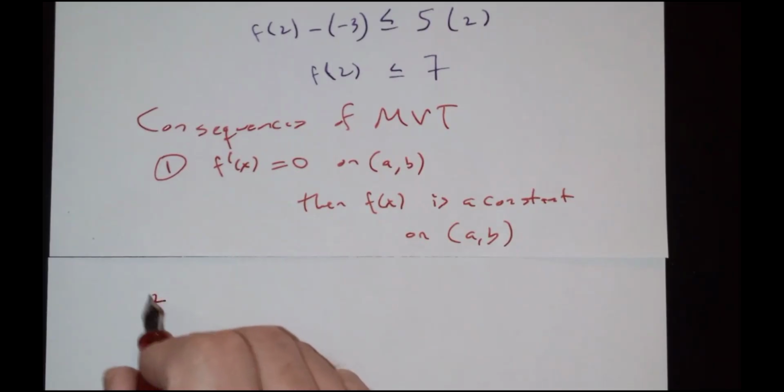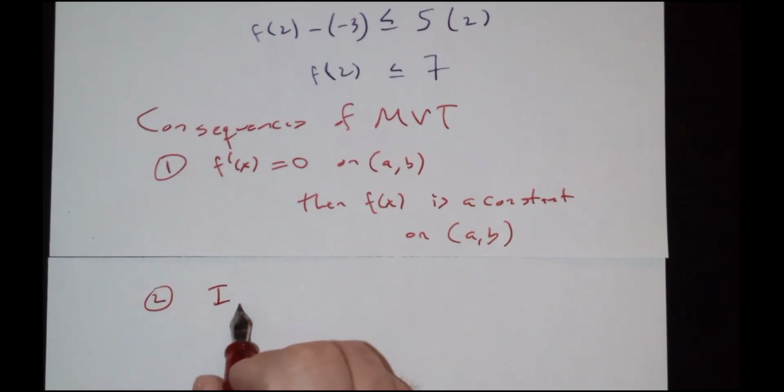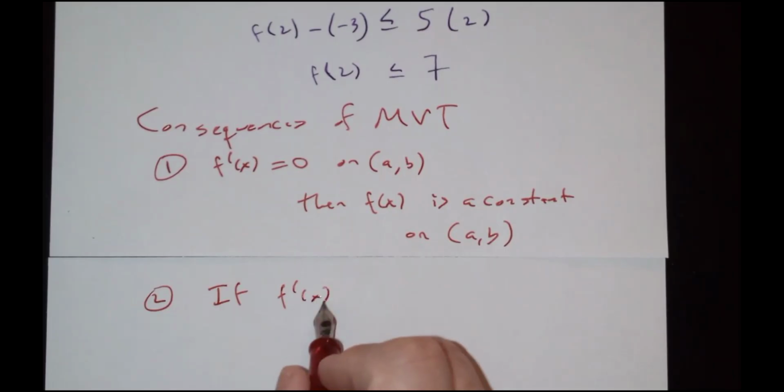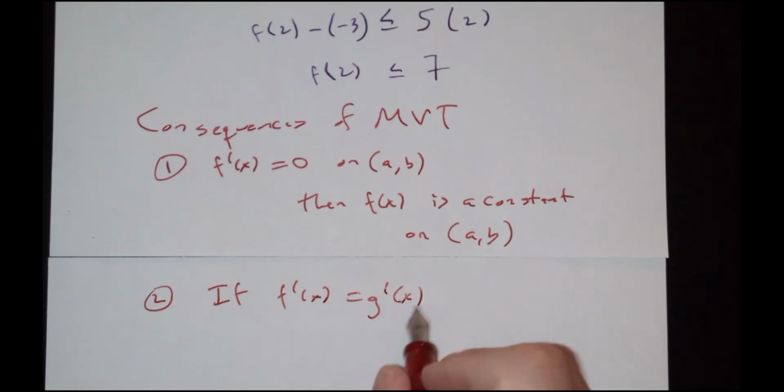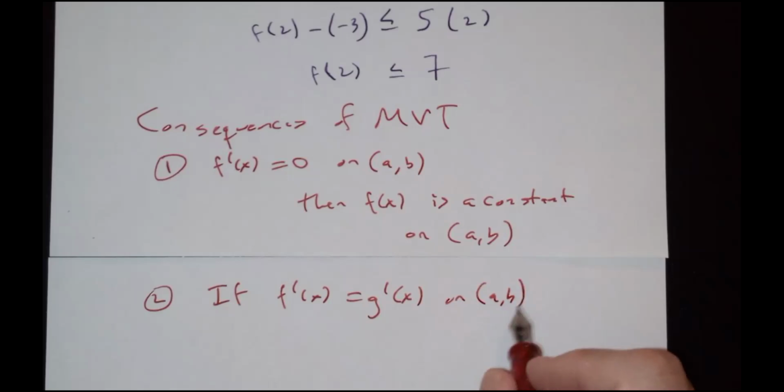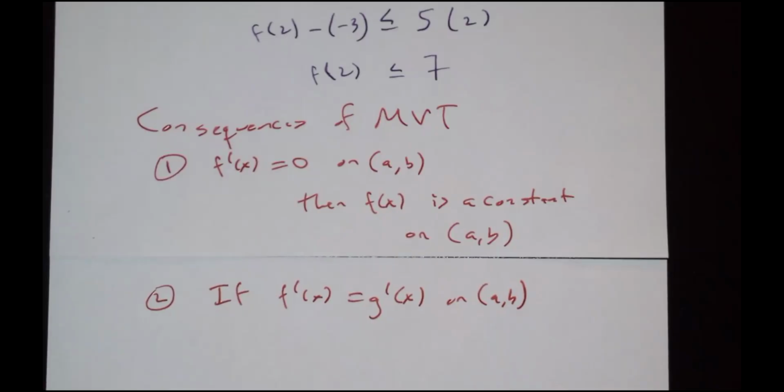If I generalize this and say that two things have the same derivative on some interval, not that it's 0, but it's the same, then those are parallel. And if they're parallel, that means the difference between them is a constant.